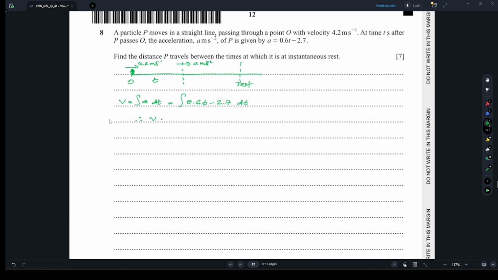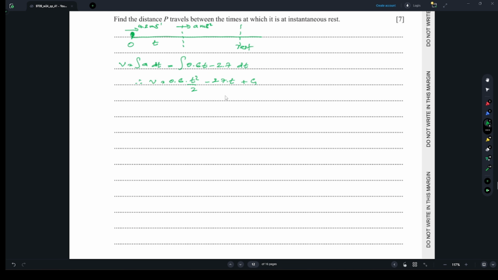Therefore the velocity is 0.6 t square over 2 minus 2.7 t plus c1, because this is not a definite integral. So v equals 0.3 t square minus 2.7 t plus c1.